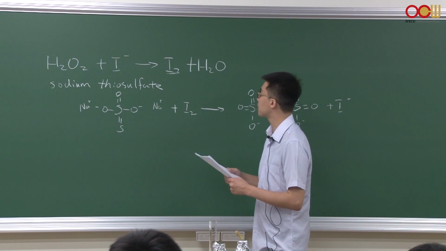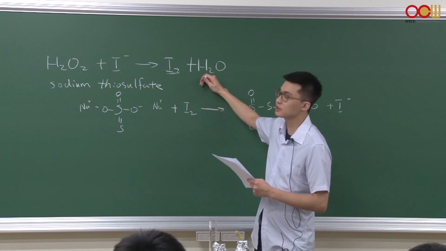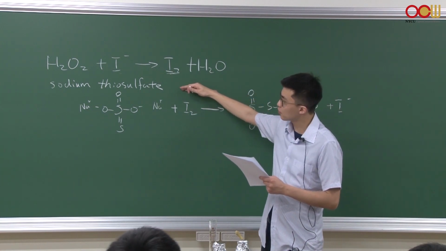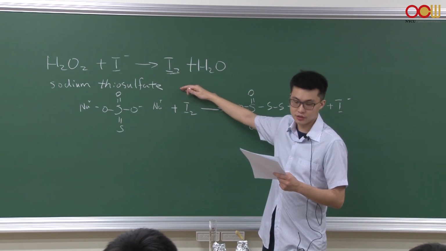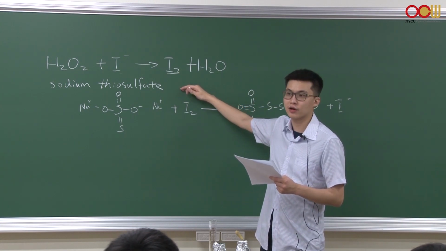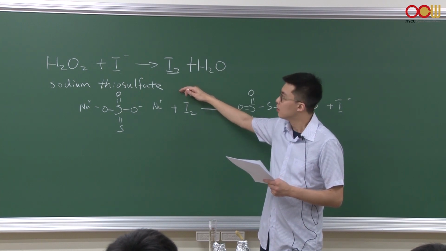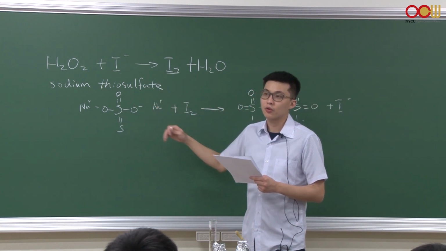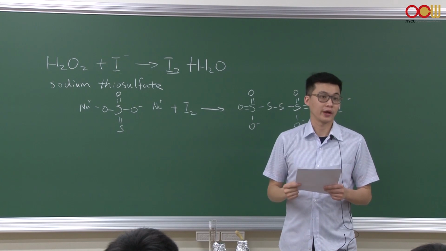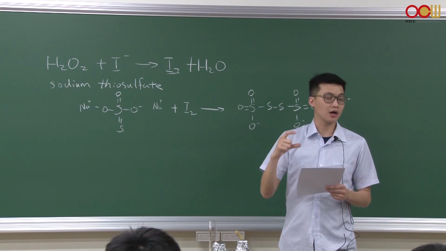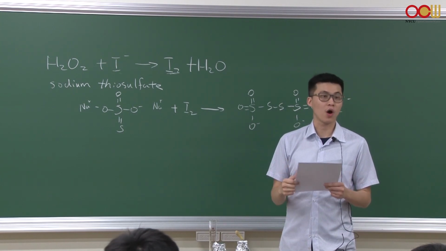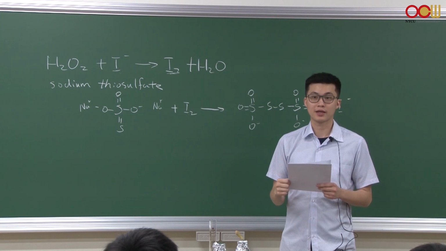So what's so special about this reagent, sodium thiosulfate? Anybody have a fish tank at home? Nobody? Okay, well, normally we know the tap water contains chlorine, right? So you can buy what is called a water conditioner from the pet store.